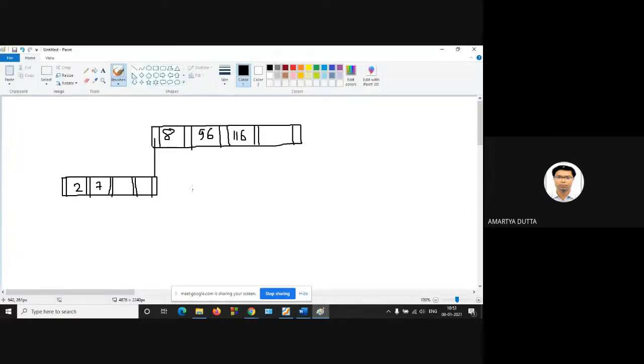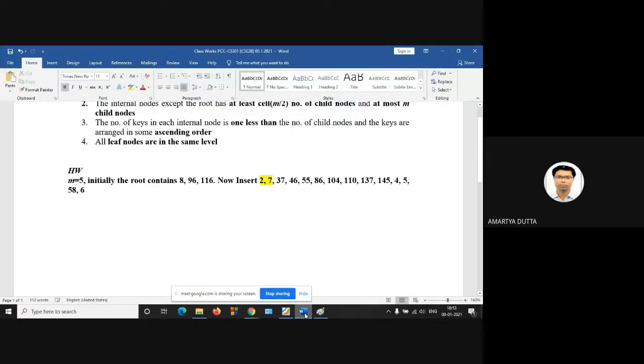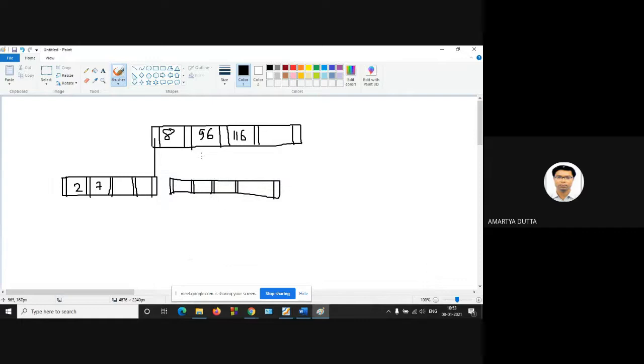37, 46. So this particular value will be greater than 8 and less than 96, right?